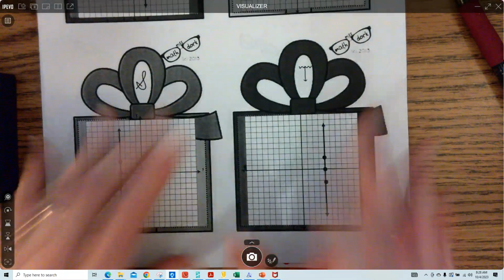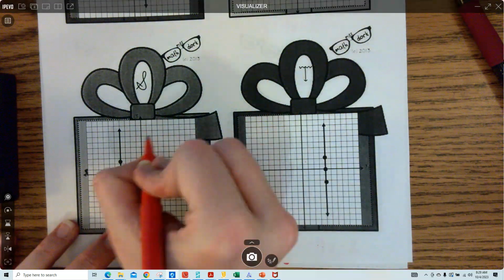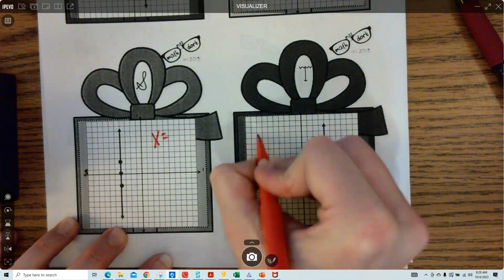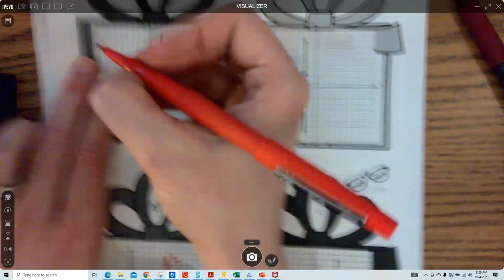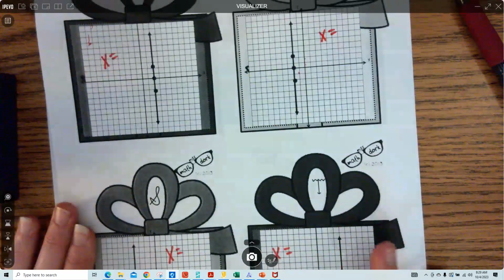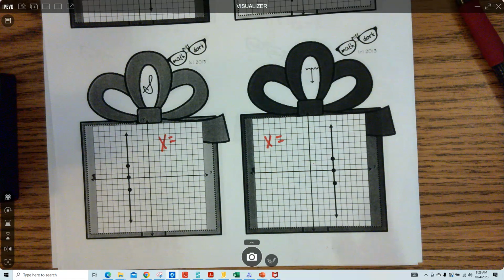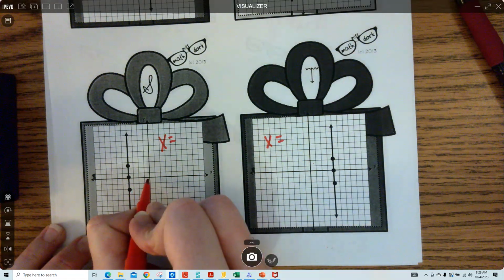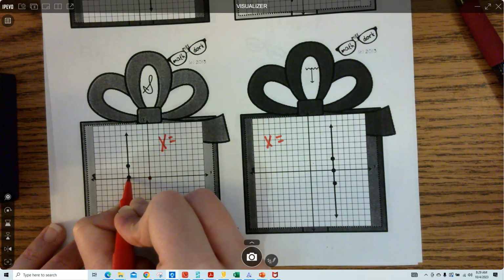Okay. Vertical lines always start with x equals. Always. If they're straight up and down like this, so all of these are going to start with x equals on this page. All you do is find the x value. So if I start at the origin, this is the direction I'm going.